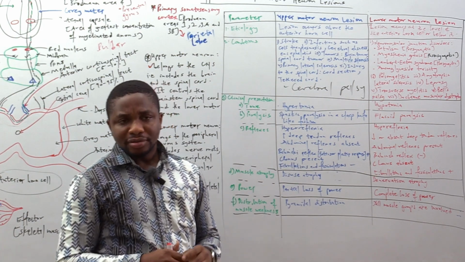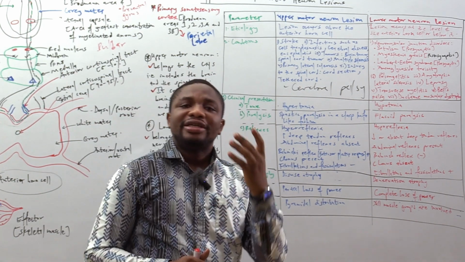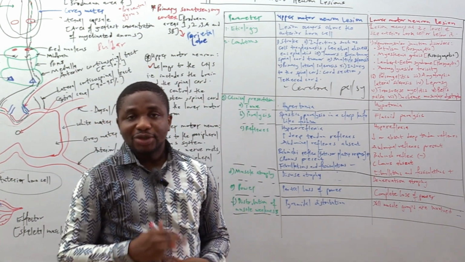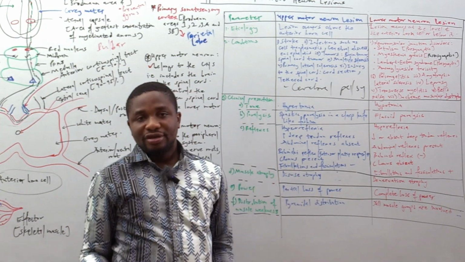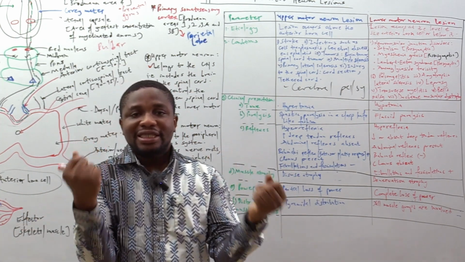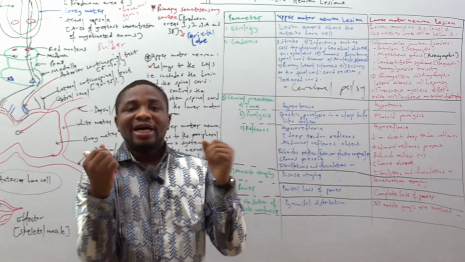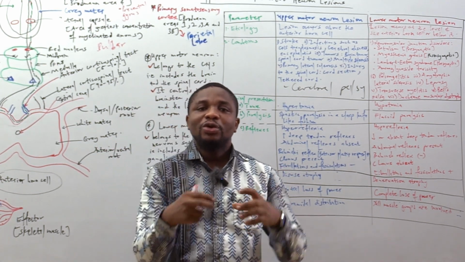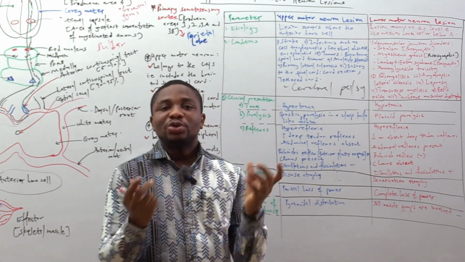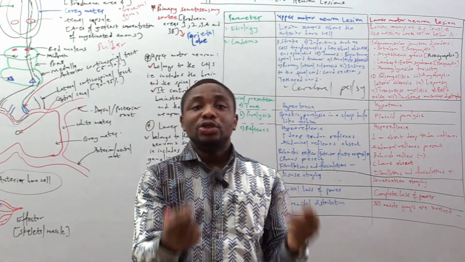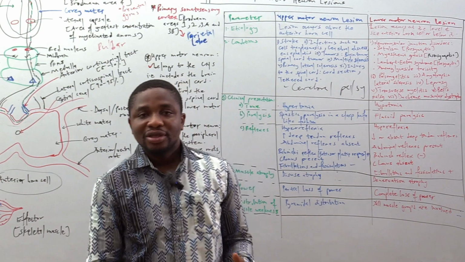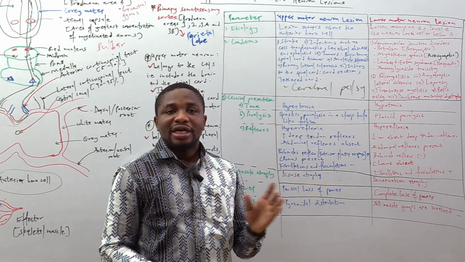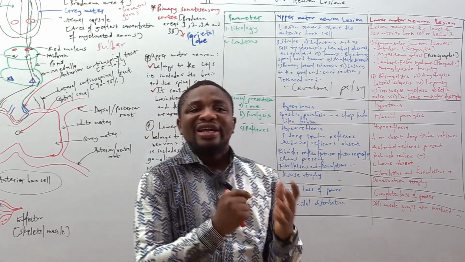Now, the next category is what? Muscle atrophy. For the upper motor neuron lesion, there is going to be disuse atrophy. Why am I saying disuse? Because there's spastic paralysis. If your hand is shaking, definitely you cannot hold the cup. If you hold the cup, it will fall. And you should know that anytime the muscles are not in use, they undergo atrophy. So for upper motor neuron lesion, it's not that there is no nervous supply.